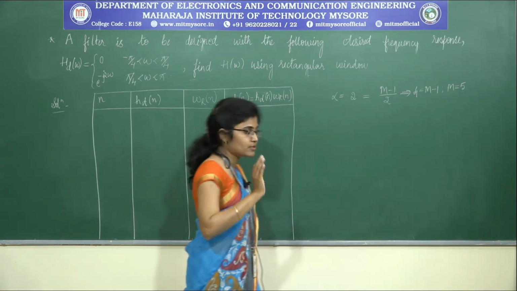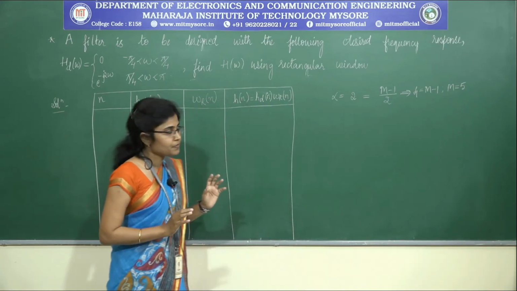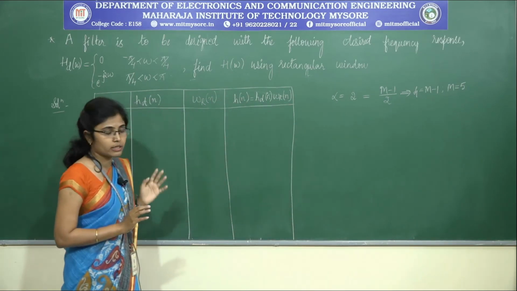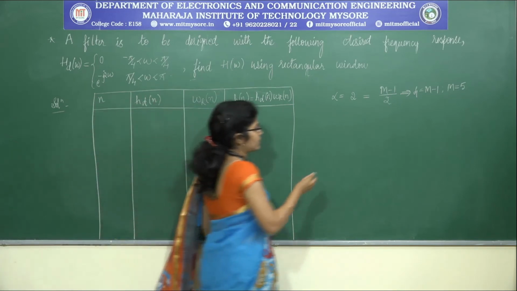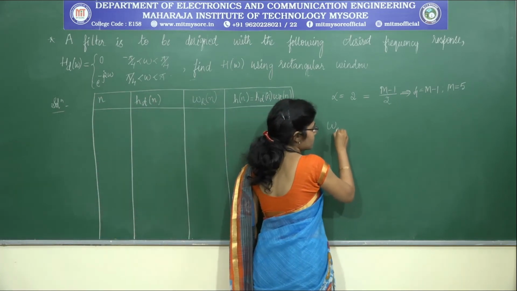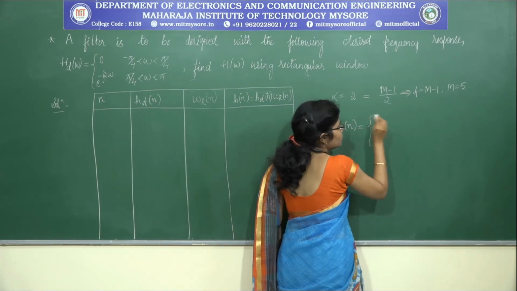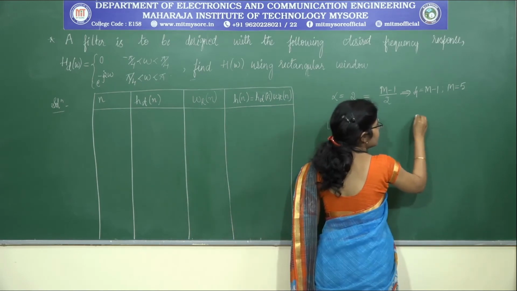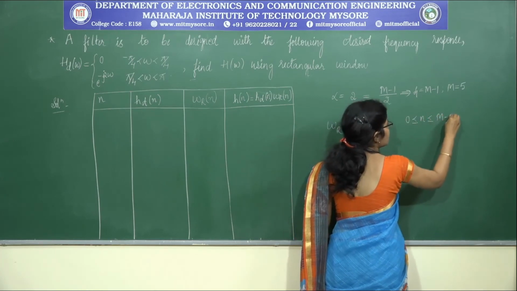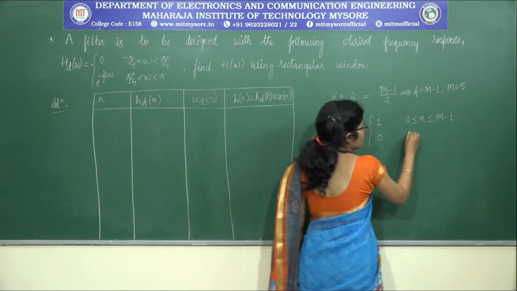So, we got the first case, that is m is odd. Now, what I need to do? I should use rectangular window. So, what is the formula for rectangular window? So, omega r of n will be always equal to 1 for n greater than or equal to 0 and lesser than m minus 1, and 0 otherwise.